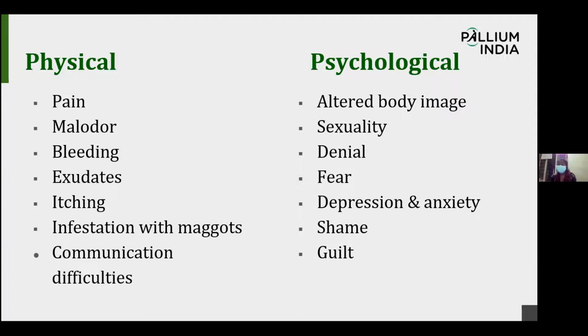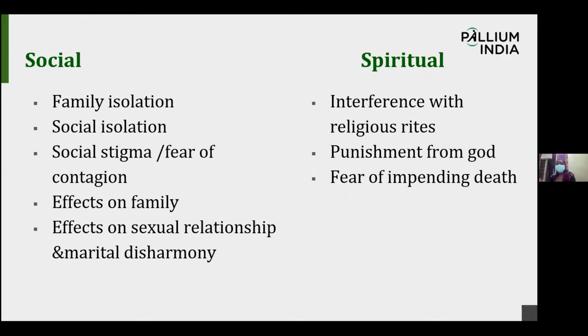They always feel guilt. And coming to the social part, family isolation will be there. If a person gets this type of illness in one family, the family can choose the corner side room and keep the patient there. They are not allowed to come to the kitchen or in front of the room. So they always keep the patient there only.